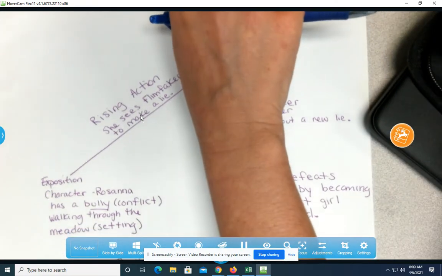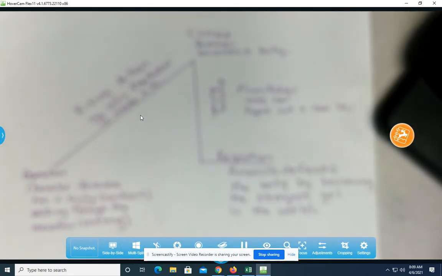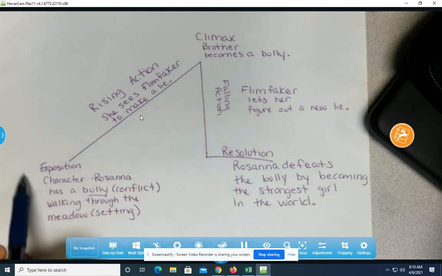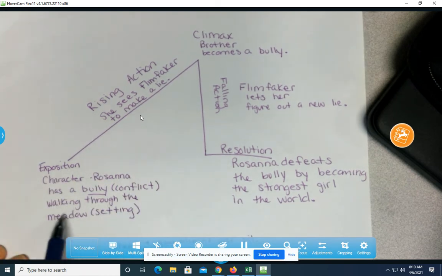This is a story that was called, I think, Rosanna actually is the name of it. It was written by a professional author, but I mapped it out for you here as a pretend brainstorm for an actual story. So within this story, the exposition, we have our character Rosanna being confronted by a bully who says he's going to hold her down and kiss her, basically.